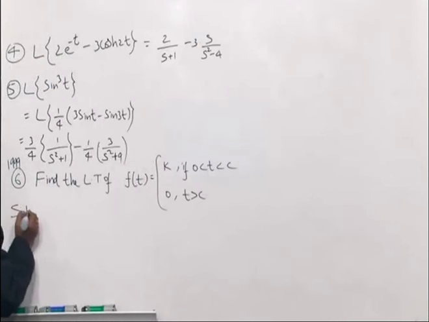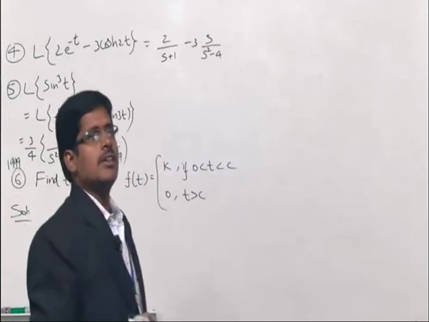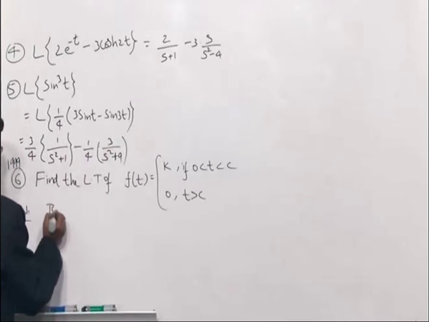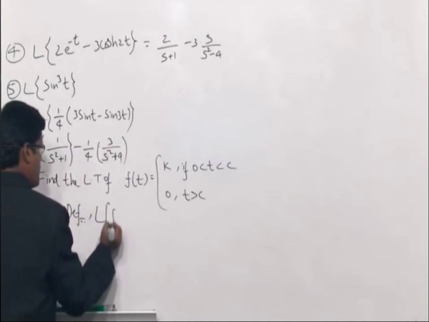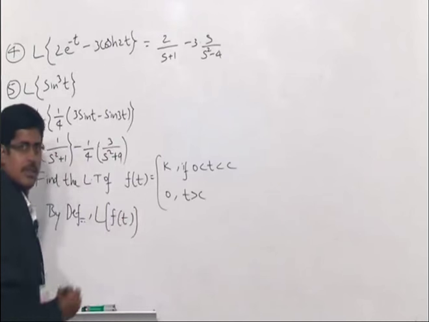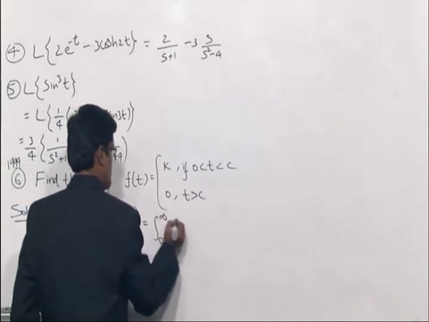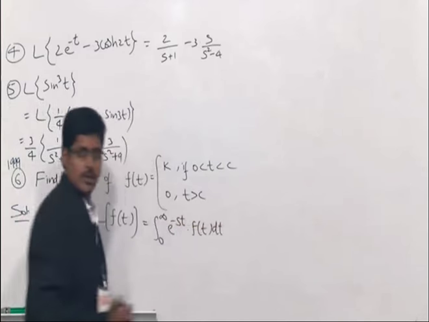Solution. These problems, whose Laplace is obtained by using the definition of Laplace transform, that is 0 to infinity. By definition, L of f of t is equal to integral 0 to infinity of exponential minus st into f of t dt.